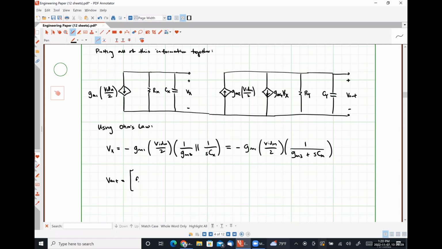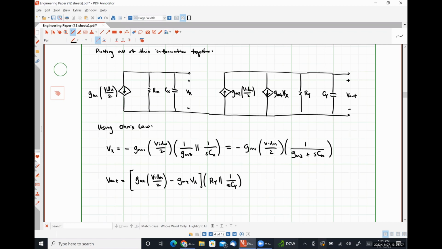I'm going to have a positive GM2 times VIDM over 2 minus GM4 VX multiplied by RY in parallel with 1 over S CY. Okay. We're going to expand this out here in just a moment, but I'm about to do some math here that I want to explain very briefly.